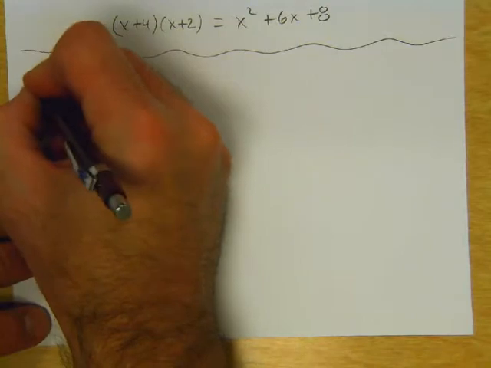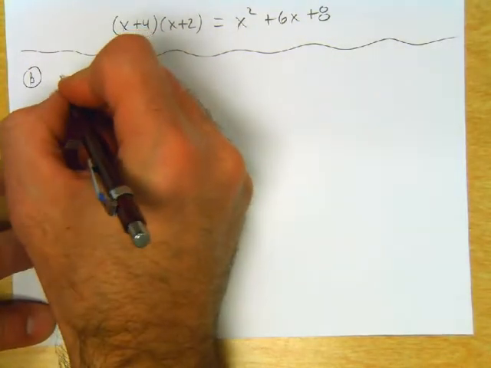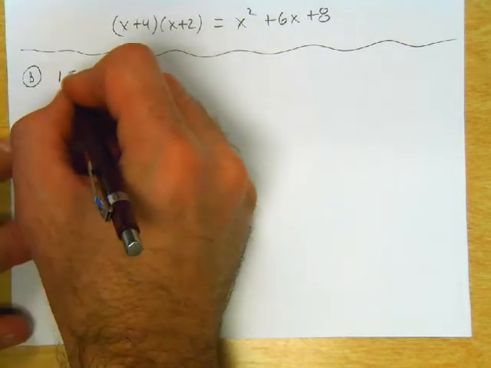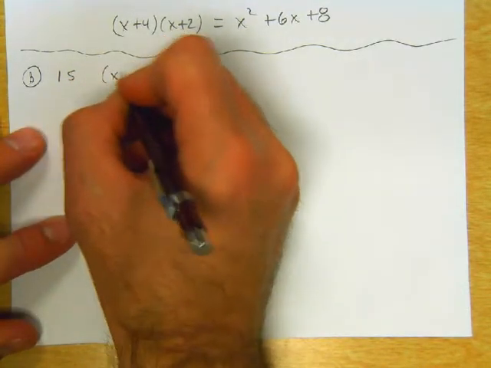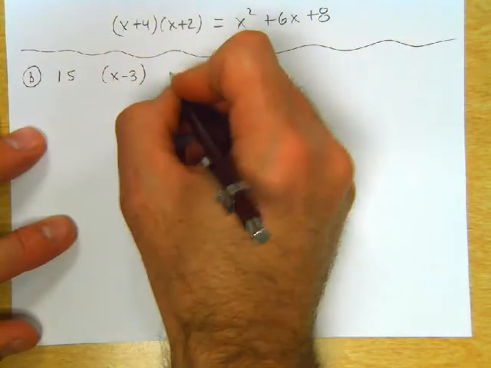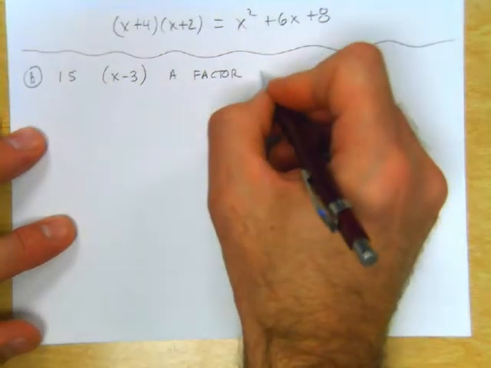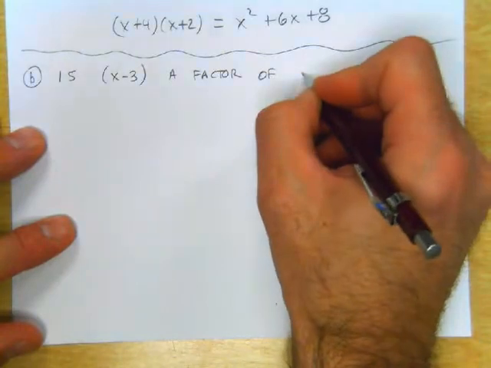Is x minus 3 a factor of x squared plus 3x minus 12?